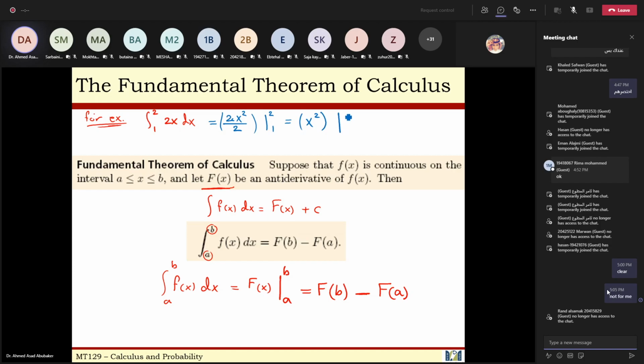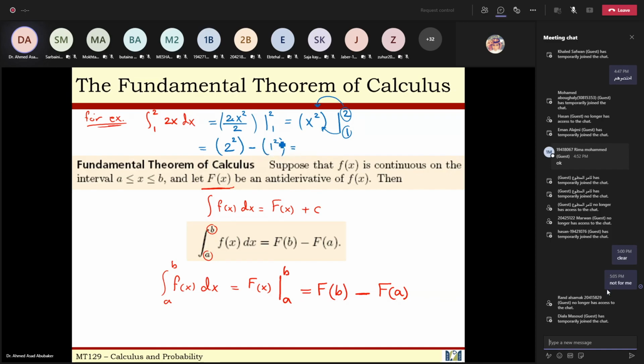In x squared we need to substitute the upper 2 minus the lower 1, so we have 2 squared minus 1 squared, so 4 minus 1, which is equal to 3.